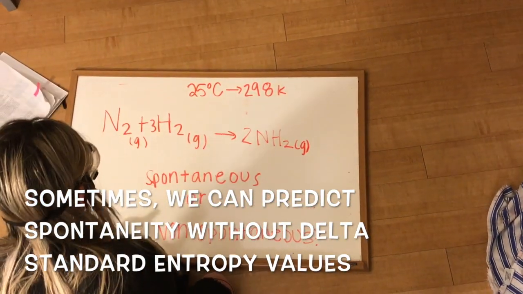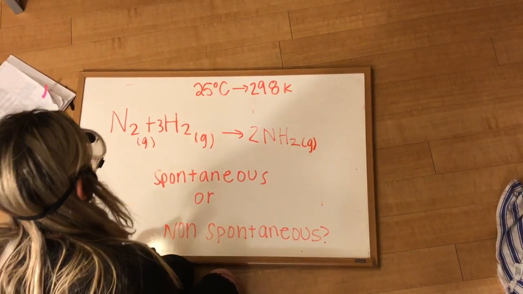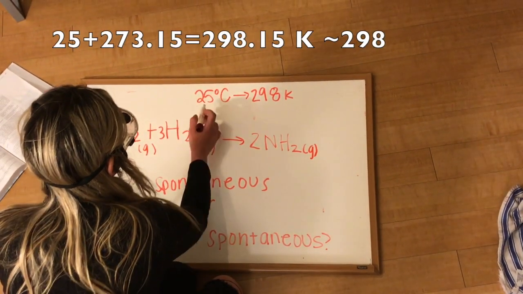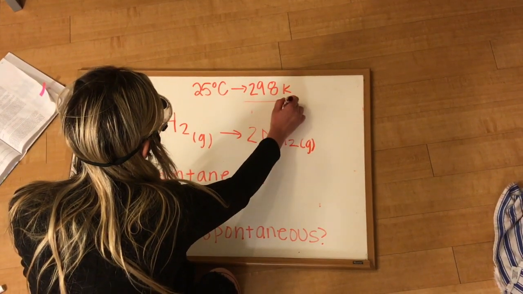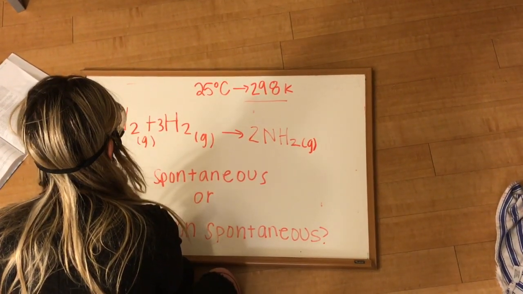Before we solve for delta S, let's try and predict whether or not it's going to be spontaneous. Each of these gases is in its standard state, because it said previously it was 25 degrees Celsius, which means it's 298 Kelvin.